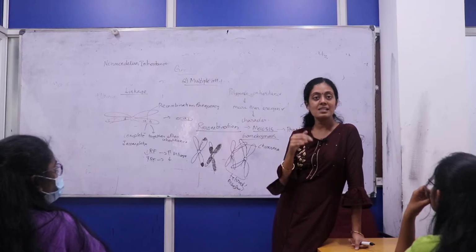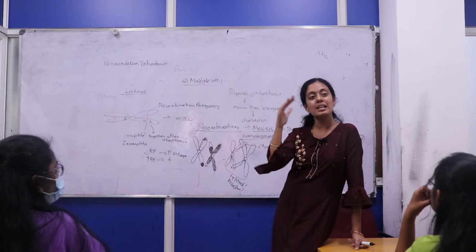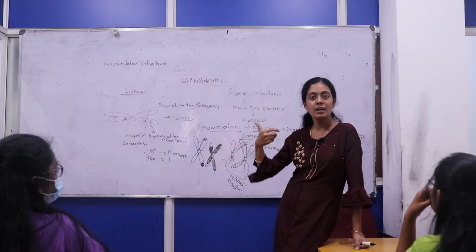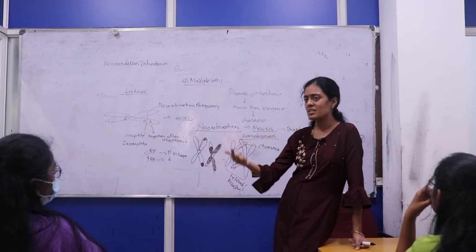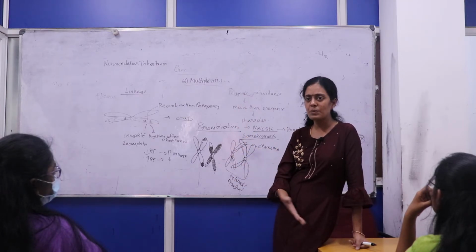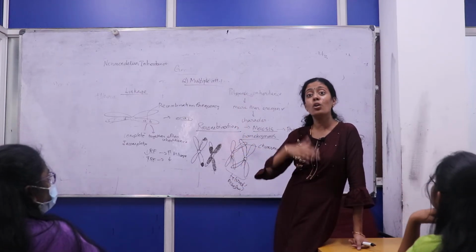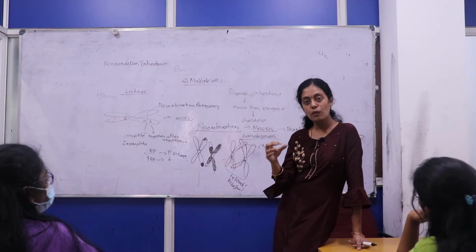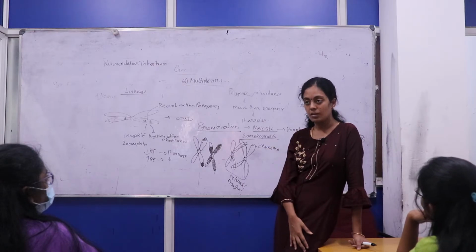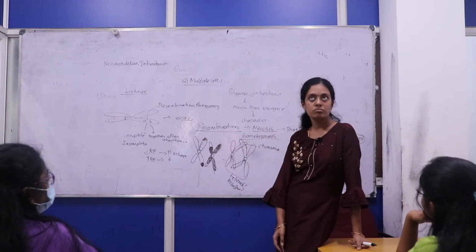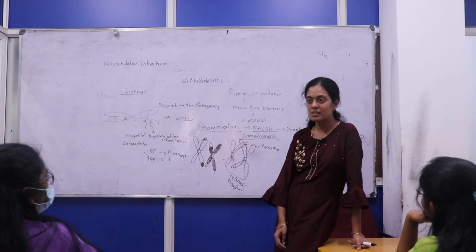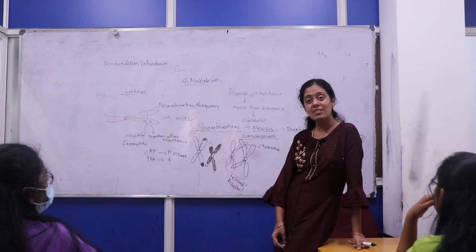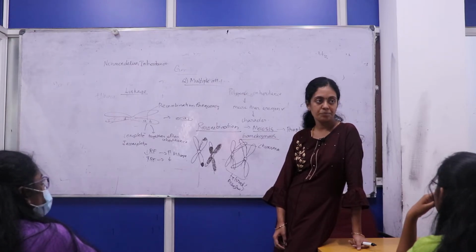Mendel had some loopholes in his work which was later studied by many other scientists, and they started proposing multiple allelism, codominance, linkage, pleiotropy, polygenic inheritance. These are all non-Mendelian inheritance. They do not hold true for Mendel's law. So linkage is something that deviates from Mendel's law.